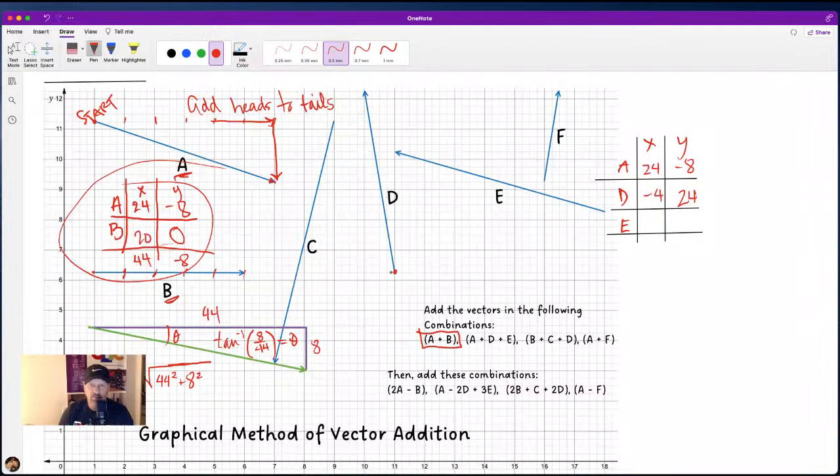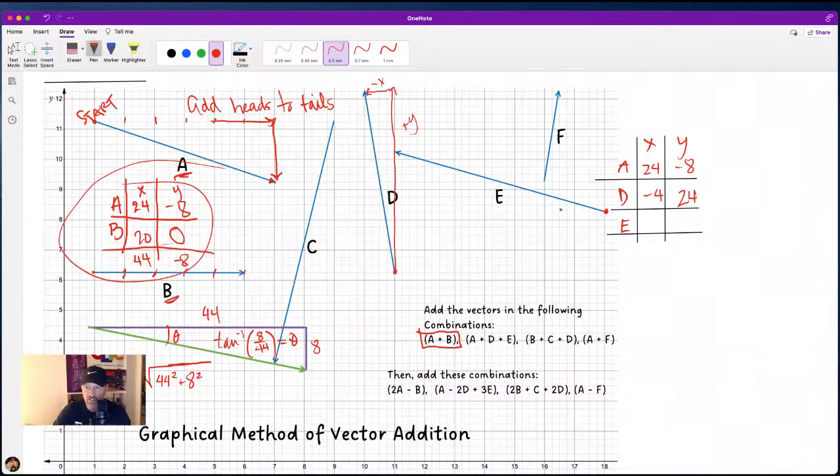Notice from where we start to where we end, the Y value goes straight up, 24. And then the X value is pointing to the left. So that's -X and that's +Y. Okay. So then we take the E values. We start here at the tail on E, and it's -X and +Y.